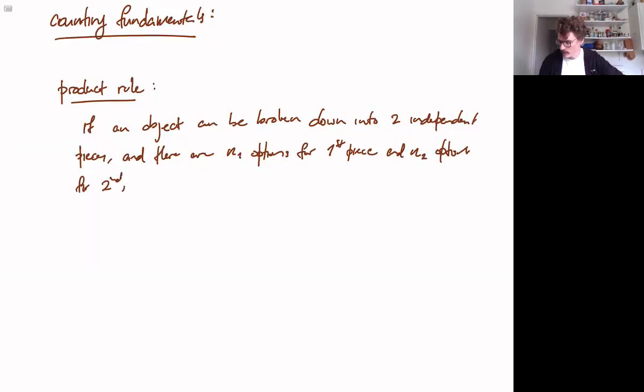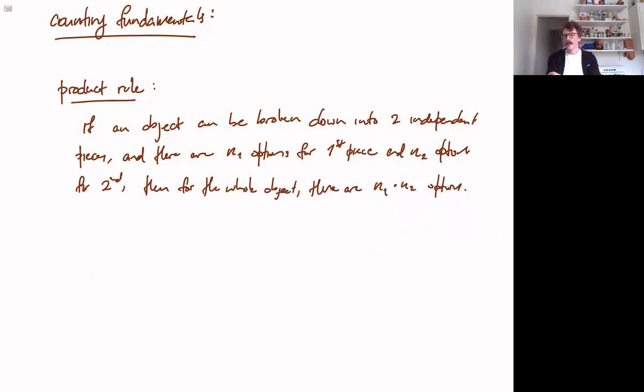then for the whole object, there are n1 times n2 options. So now that I have this written down, let me just say it again and be a little more explicit.